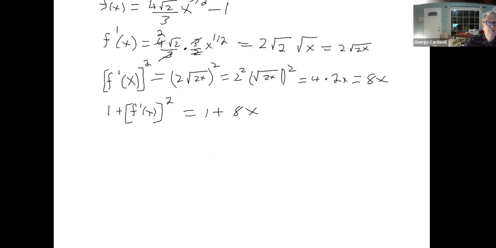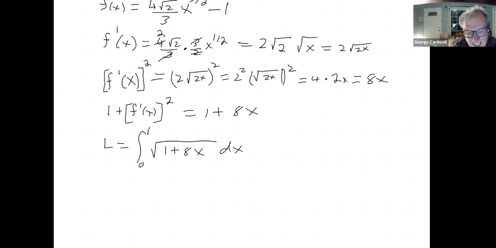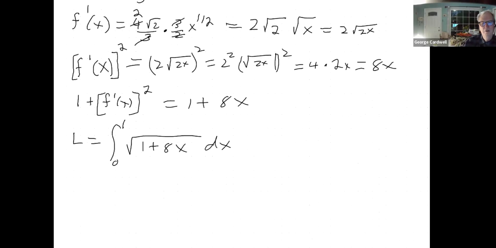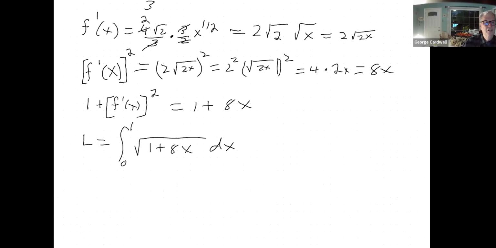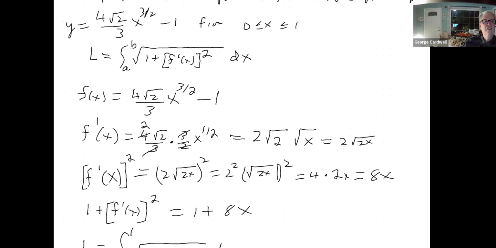So the integral we have to do is that one. And that 1 plus 8x comes from doing the parts of the formula individually.